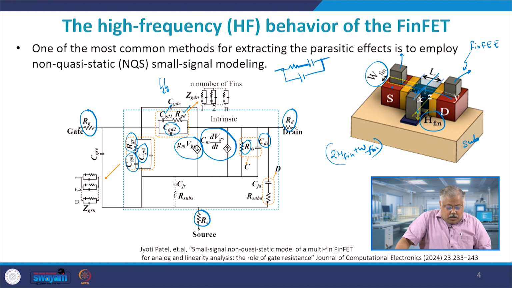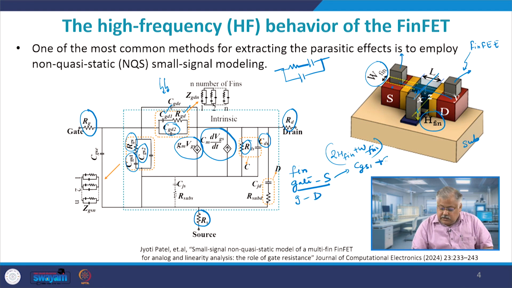Now, the total capacitance for each fin, the total gate to source capacitance and gate to drain capacitance, is given by CGS1 plus CGS2 because they are in parallel, and CGD1 plus CGD2 are the total gate capacitances. You multiply that with RGD and you get the overall time constant tau value at that particular point.